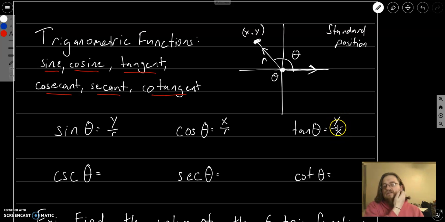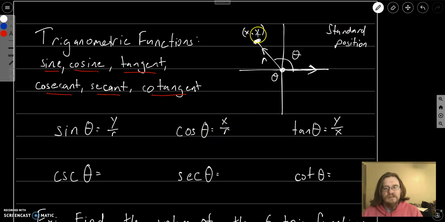You may have learned in previous classes the acronym SOHCAHTOA. I want to move away from this because there are situations where SOHCAHTOA doesn't necessarily make sense. For instance here, it's a little bit harder to see the triangle where we're looking at the opposite and adjacent and the hypotenuse. So the sine is always going to be the y value divided by r.